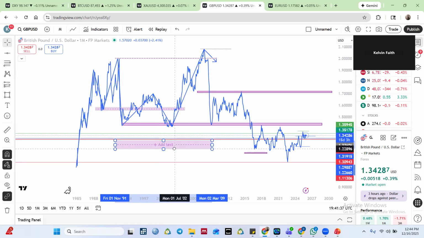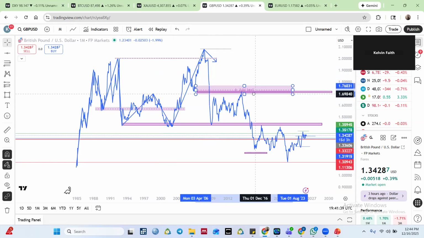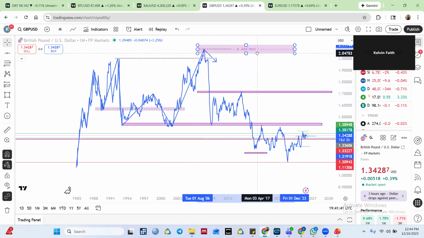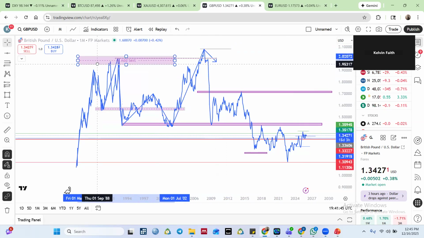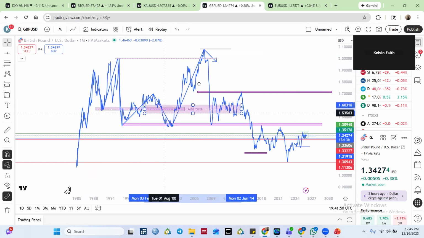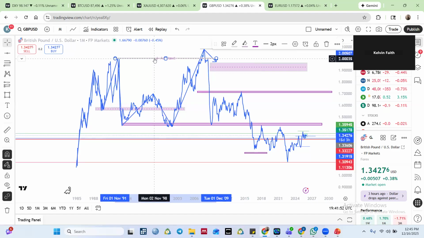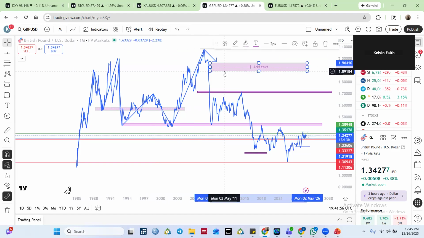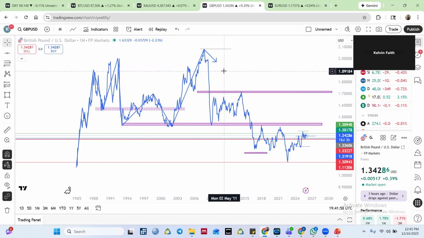Now, it didn't do that, but it rather went up, made a move to the upside and took out this high. The moment this high has been taken out, it means that the bearish trend or structure that the market was giving us is not active anymore.